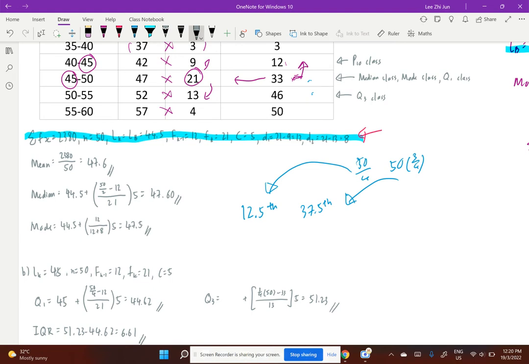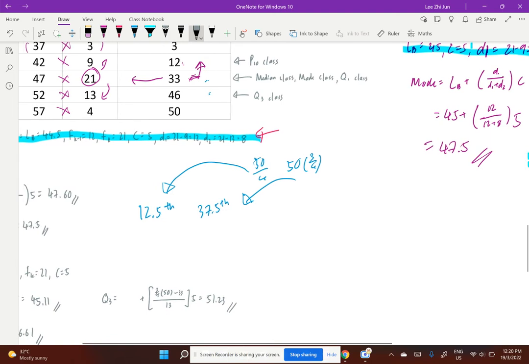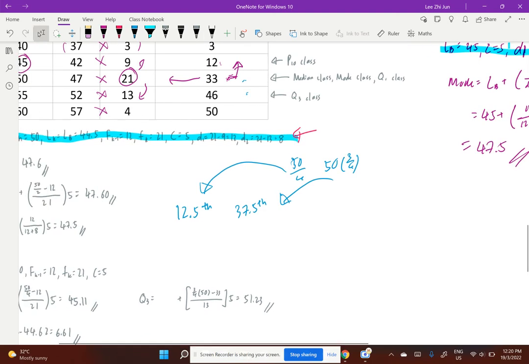So I will get 45.11. This is the first quarter, with 45. Also can just calculate the third quarter.